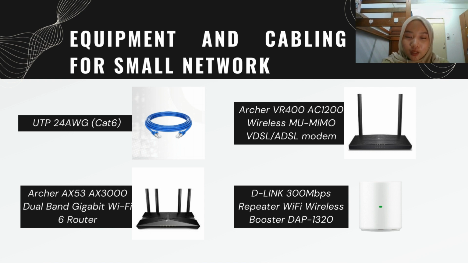For the cabling, the suitable cable for a small home network is Cat6 UTP 24 AWG. AWG here stands for American Wire Gauge. I said this cable is suitable for a small home network because the cable performance is better in shorter distance and it supports gigabit Ethernet speed.